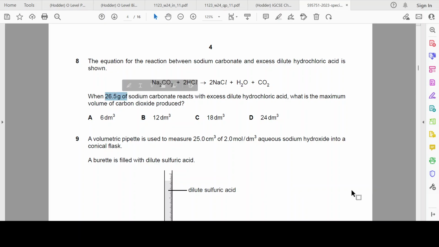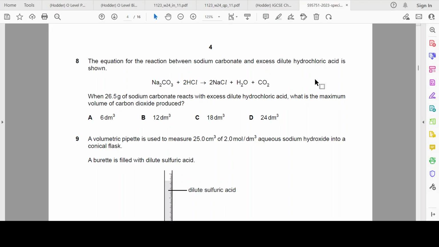We have to divide: 26.5 divided by 106 gives you 0.25. And because the mole ratio is 1 to 1, 0.25 moles of sodium carbonate will produce 0.25 moles of carbon dioxide. The ratio is balanced.